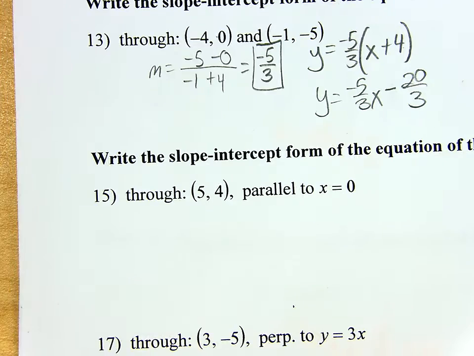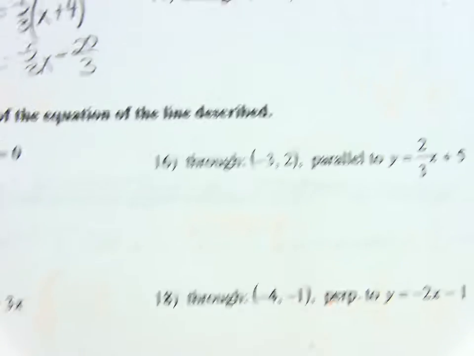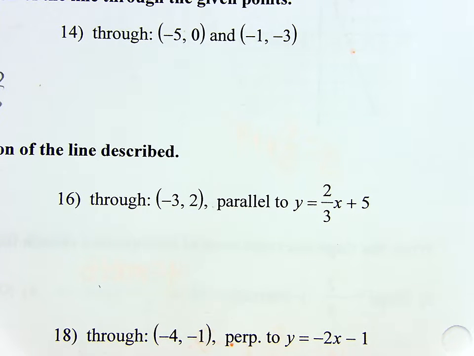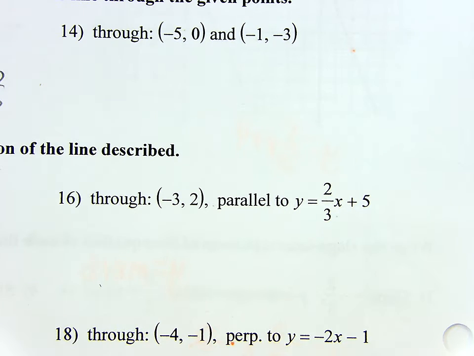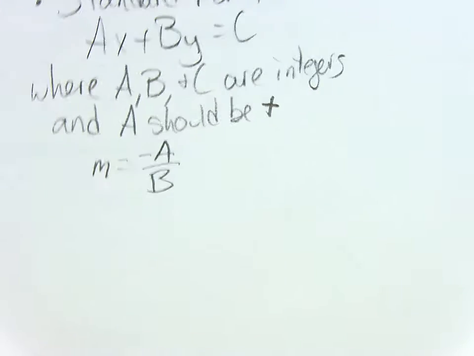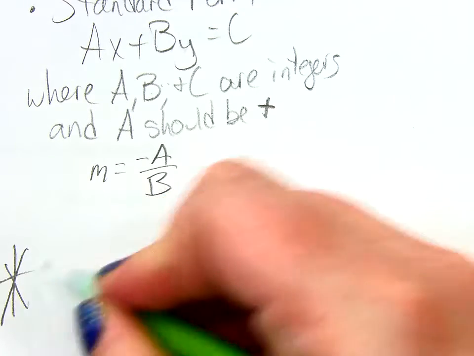Let's look at 15. Actually, let's do 16 first. We'll come back to 15. Here, they've given me a point and they want the line to be parallel to this one. Well, what's the deal with parallel lines? Same slope, right? If you don't have that in your notes somewhere, you better put it.